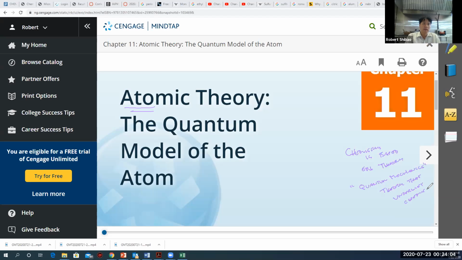So if we want to understand chemistry, we need to understand quantum mechanics or quantum theory. It's given a lot of different names: quantum mechanics, quantum chemistry, quantum physics. It's all the same thing.